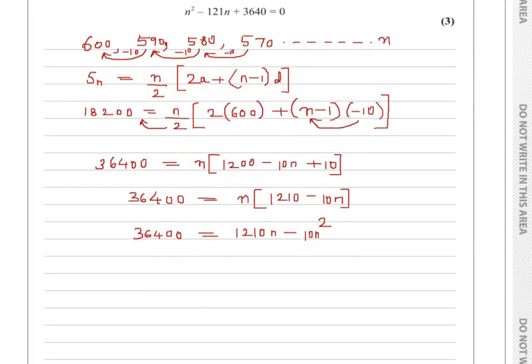So we are going to transfer these two terms to the other side. It becomes 10n squared minus 1210n plus 36,400 equal to 0. Now, since all the terms are divisible by 10, we are going to divide everywhere by 10.